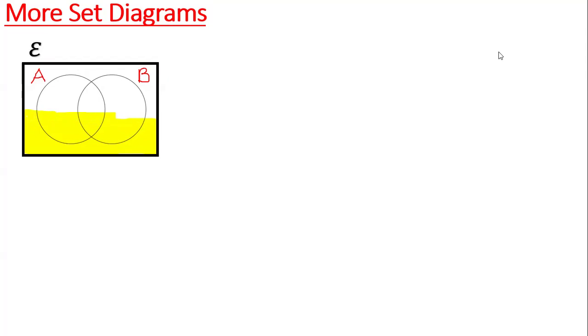Yes, sir. Okay. Do you understand what's happening? Yes, sir. So for the universal set, what do I shade, Nateo? What do I shade for the universal set?